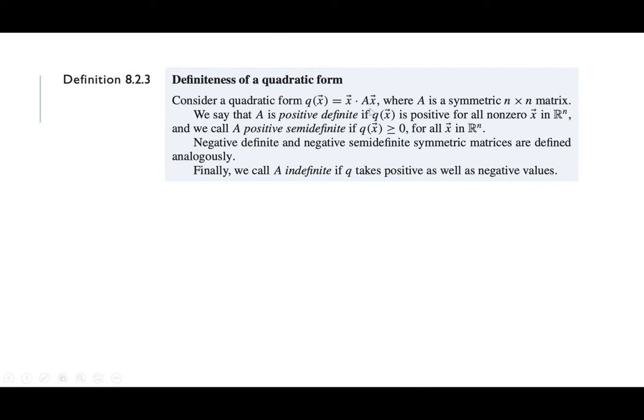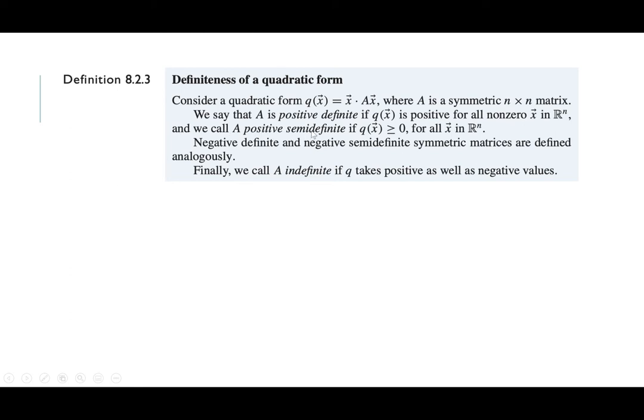consider a quadratic form that looks like this, where A is a symmetric matrix. We say that A is positive definite if Q of x is positive for all non-zero x. So when x equals 0, you're always going to have a 0. Your quadratic form is always going to be 0. But if x is non-zero and the quadratic form is always positive, then we say the matrix A is positive definite.